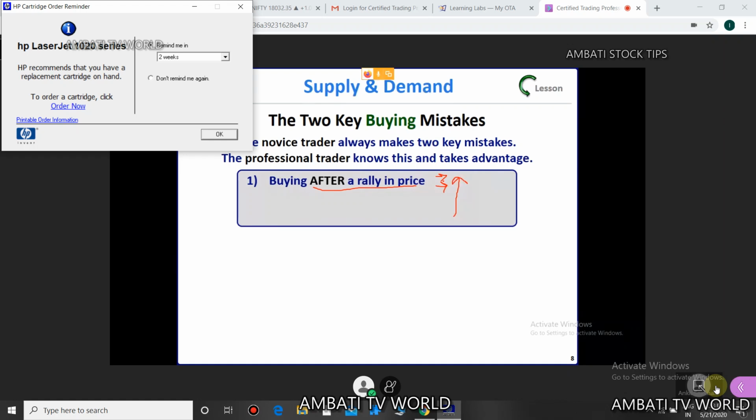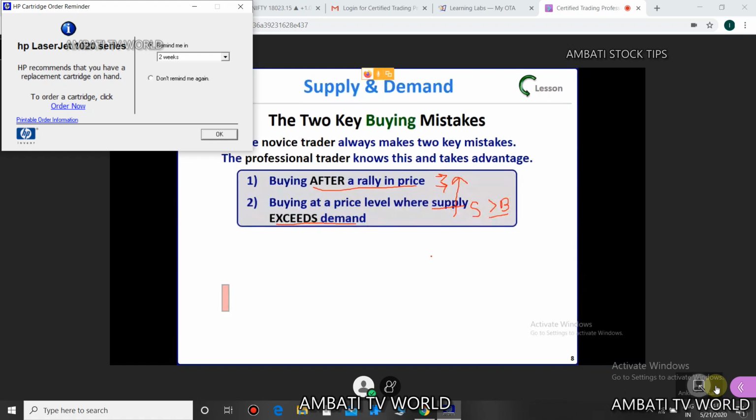They buy after the price has already gone up, and buy at a price level where supply exceeds demand, where an institutional seller, a big seller, is selling, where sellers are more than the number of buyers.